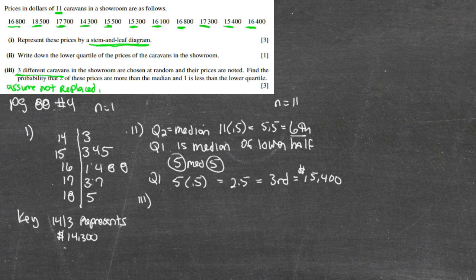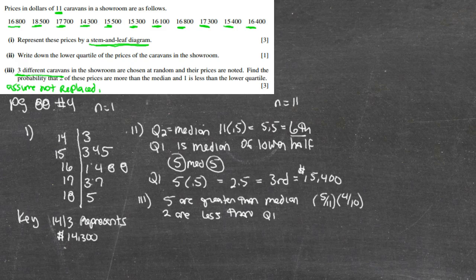So we know that we've got 5 cars that are above the median, and there are 2 cars with prices that are less than the lower quartile, Q1. Let's go ahead and figure this out. I've got 5 out of 11 times 4 out of 10 times 2 out of 9. The first 2 are above the median, and the last one is one of the 2 cars that are below.